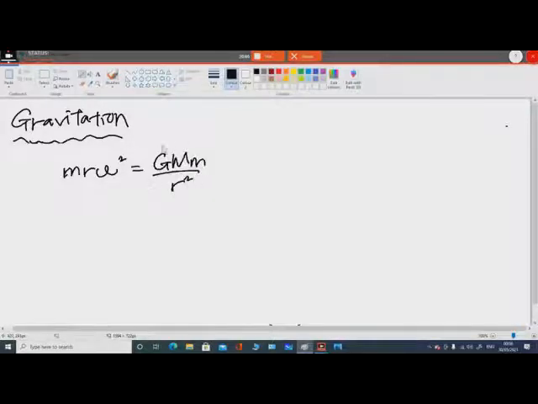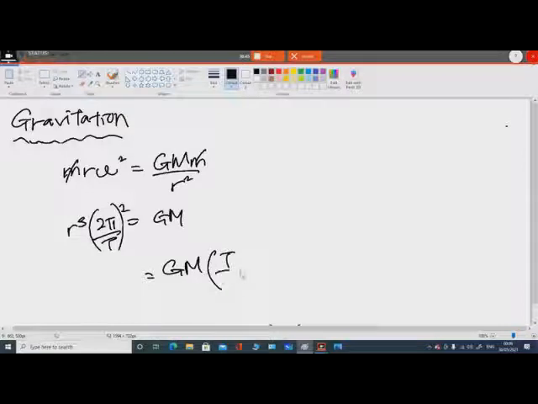As I said in the previous video, the negative sign is not necessary to be written in the calculation, as it only represents the direction of the gravitational force. Okay, so this one will be our r cube. So this one will be cancelled. So this one will be 2 pi over T square. So this one will be GM T over 2 pi square, r cube.